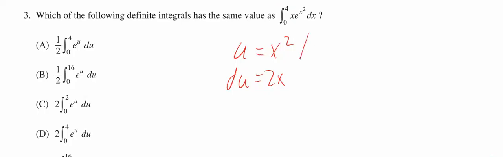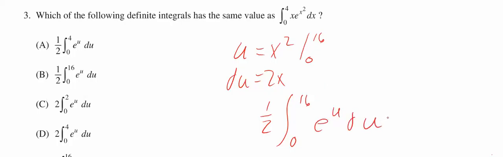And now if we also change our limits, if x was 0, 0 squared is still 0. If x is 4, 4 squared is 16. So our new limits are 0 to 16. And because I've got a 2 here, I need a 1/2 to undo that 2 in front. So 1/2, 0 to 16, of e to the u du. There we go. Which one is that?